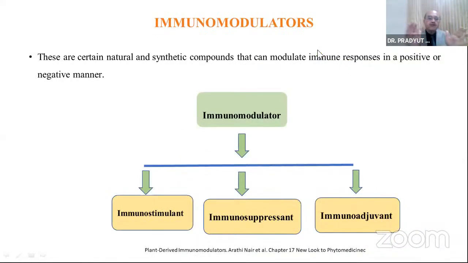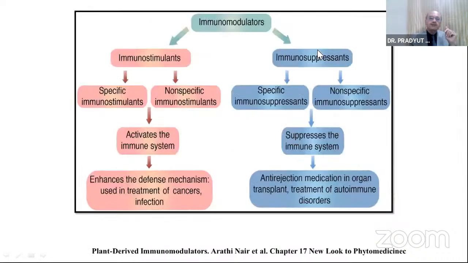With this background of immunity, let us talk more about immunomodulators. The immunomodulators are both natural and synthetic compounds, which can modulate the immune response either in a positive manner, when they are called immunostimulants or immunoadjuvants, or in a negative manner, when they are called immunosuppressants. So both ways they have a role to play. Now, the immunostimulants can again be non-specific immunostimulants or specific immunostimulants.